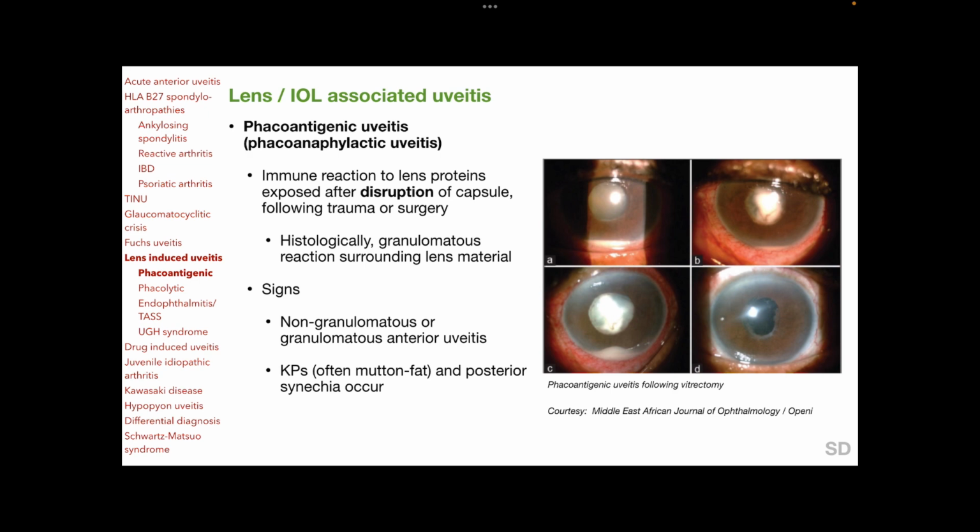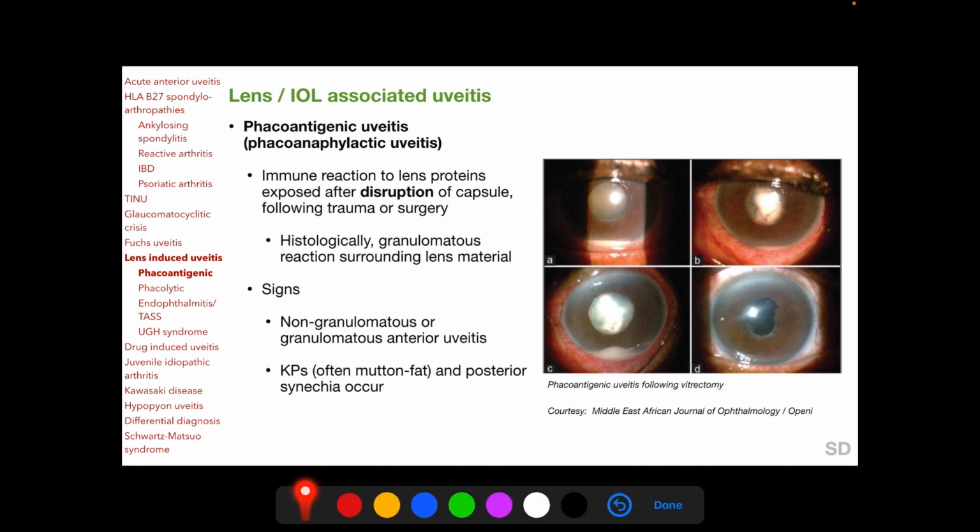In lens and IOL associated uveitis, we have several entities: phacoantigenic or phacoanaphylactic uveitis, phacolytic uveitis or phacolytic glaucoma, endophthalmitis, toxic anterior segment syndrome or TASS, and uveitis glaucoma hyphema syndrome.